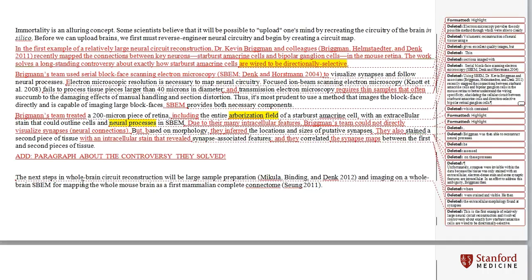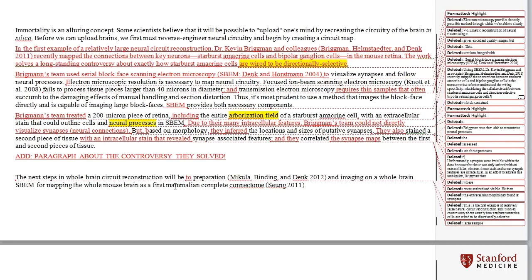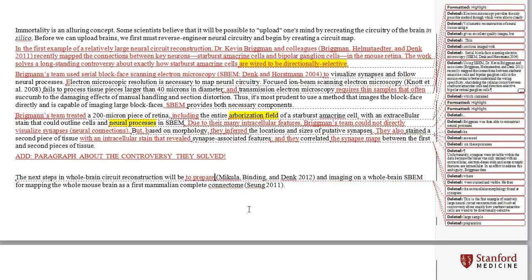So the next steps in whole brain circuit reconstruction, I'm going to leave the reconstruction, will be, and then instead of saying large sample preparation, we don't need to say large sample because we're talking about whole brain, so that's implied. So will be to prepare, not preparation, but to prepare, to image rather than imaging, and map.